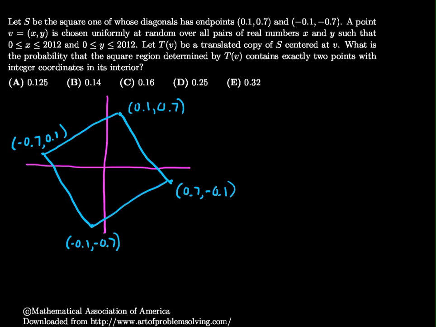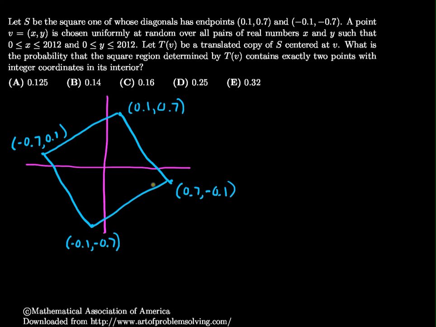And here's the trick to the problem. I can translate it anywhere, but probabilistically, the 2012s make no difference other than the fact that they are all divisible by 1. So it can go anywhere within reason.